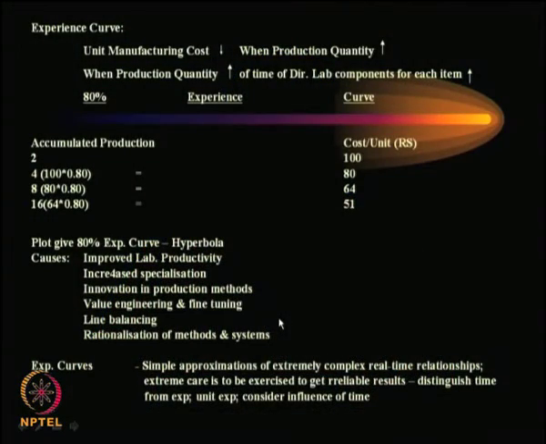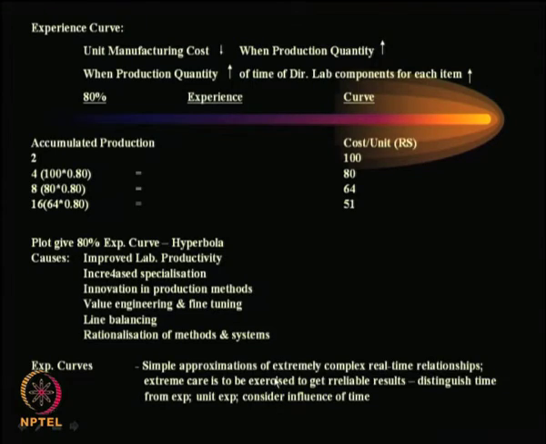So, what are the causes for this decrease in this cost per unit due to this experience curve? Why does the cost come down? It may be due to improved labor productivity, it can be due to increased specialization, or it can be due to innovation in production methods, value engineering and fine tuning, then the line balancing, rationalization of methods and systems.